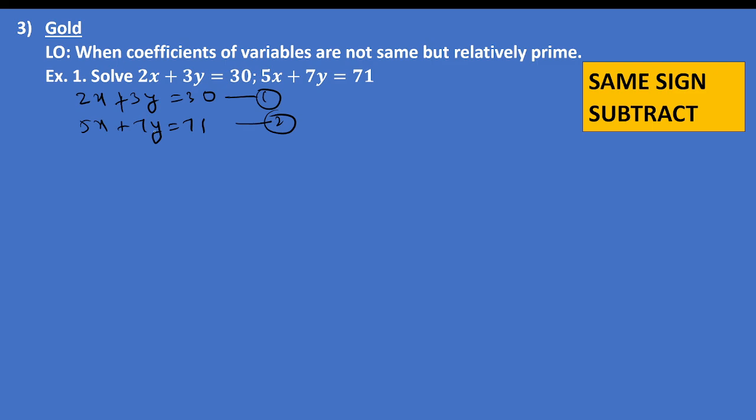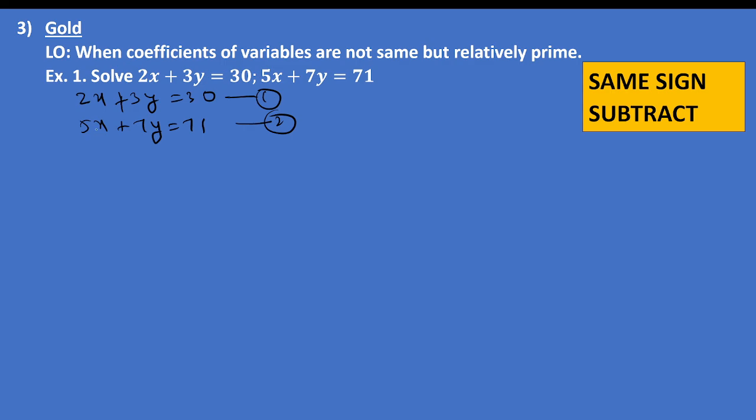So what we are gonna do is let's cancel out the 3y term, because I will tell you why I'm using 3y here rather than cancelling out this 5x.